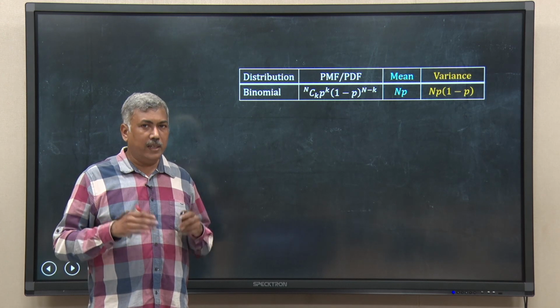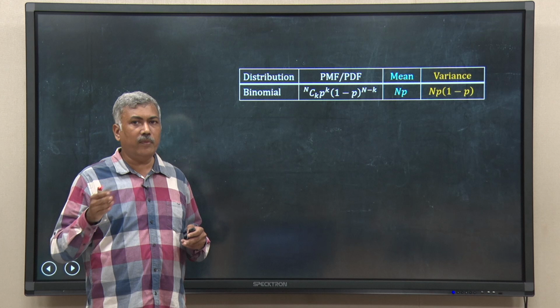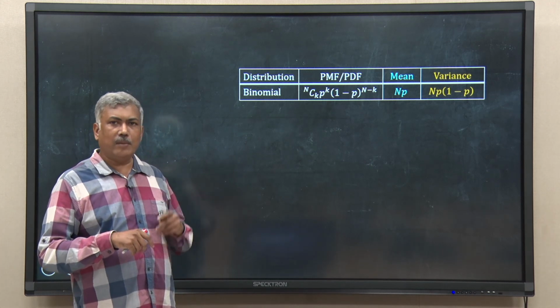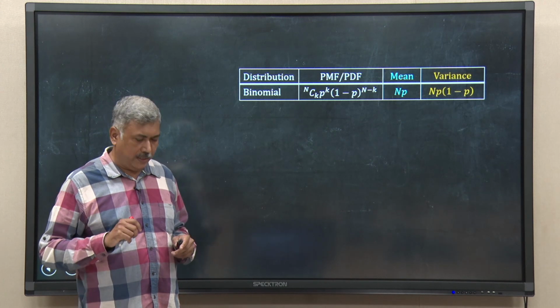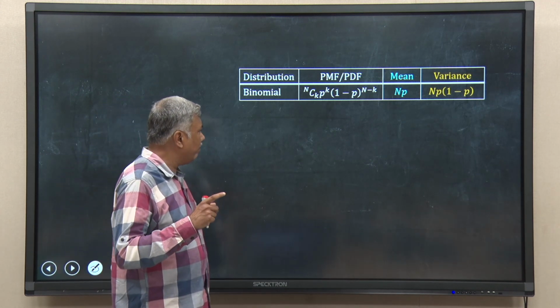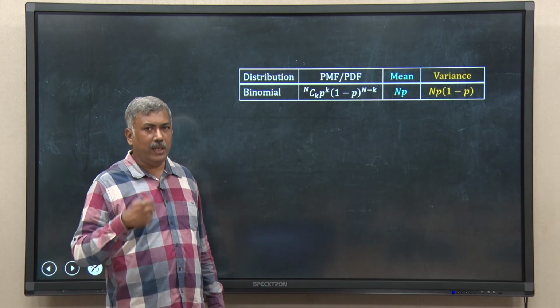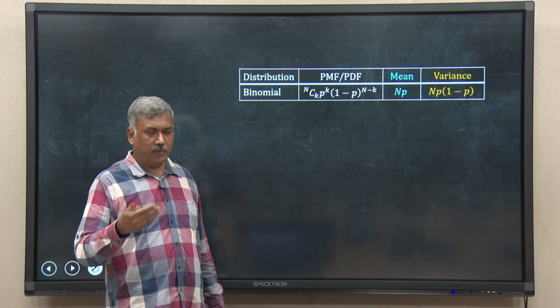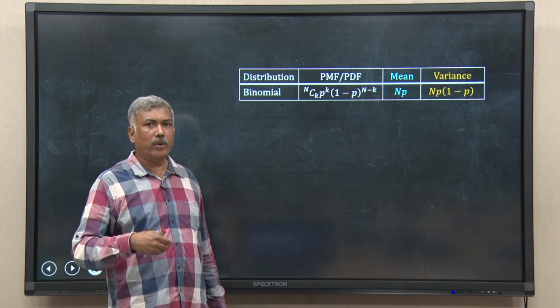Those can be calculated theoretically, simply algebraically, for each given PDF or PMF, and I have listed some which are very common in biological data analysis. Obviously, the binomial comes first. In the binomial, we have n number of trials and small p is the probability of success, such as probability of having a mutation, probability of death, probability of getting 1, or probability of getting head.